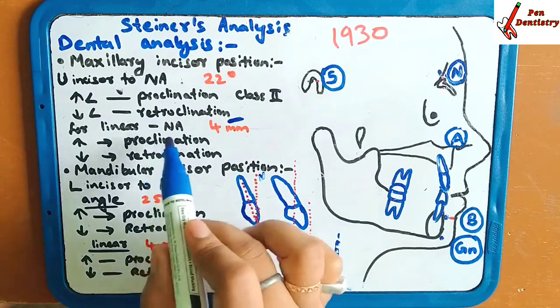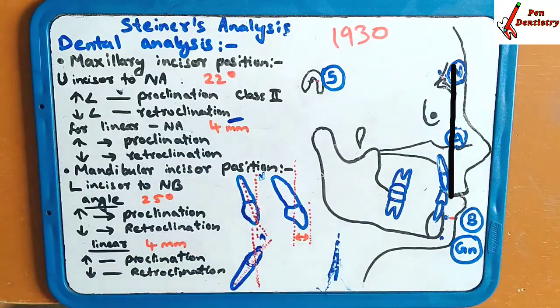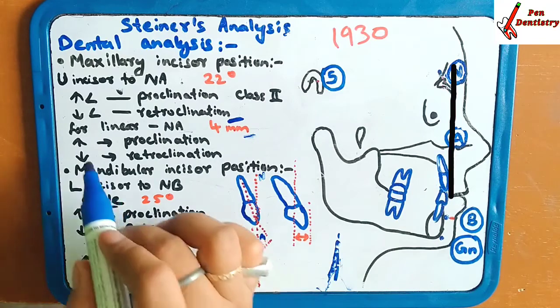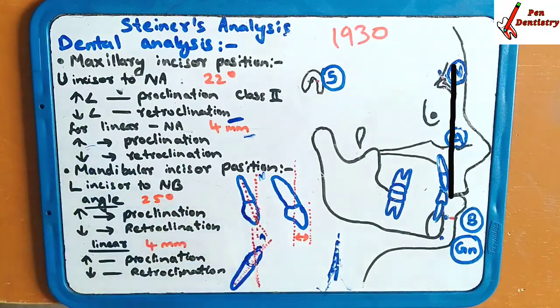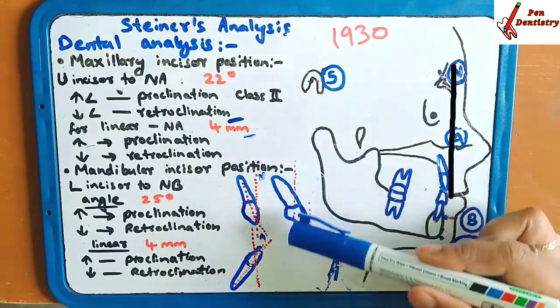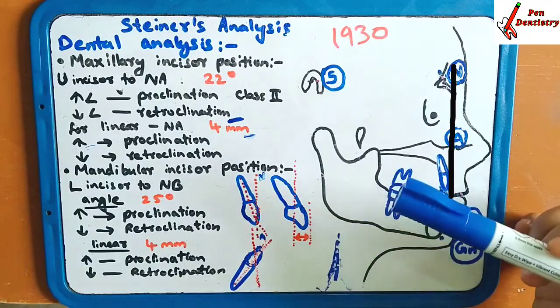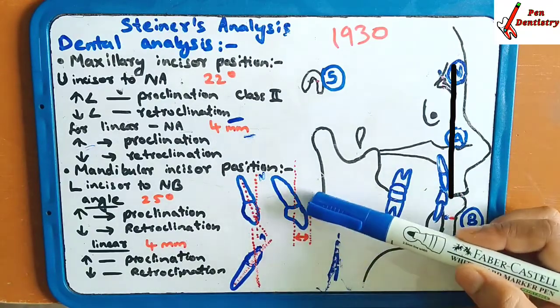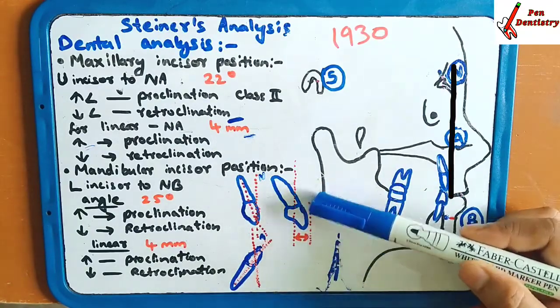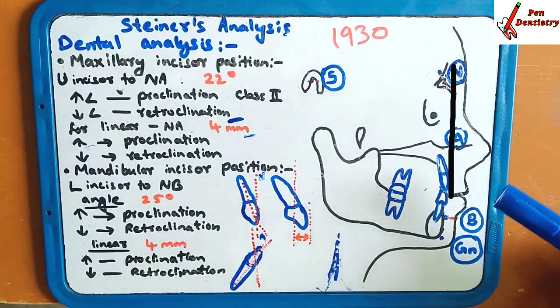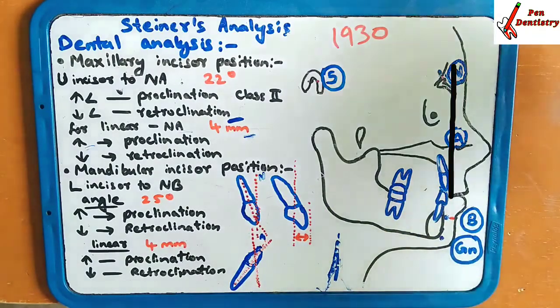For the linear measurement, 4 mm is the mean value. Now you are going to see that this is the NA line for the maxillary incisor, and this is the labial surface. The linear position is calculated.